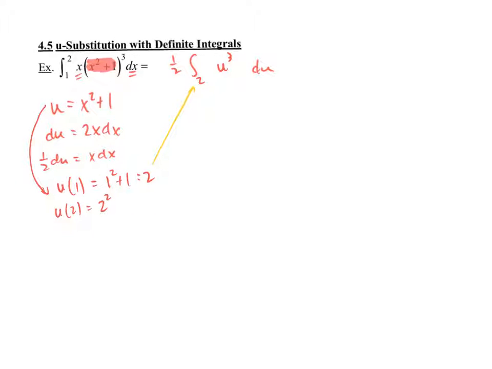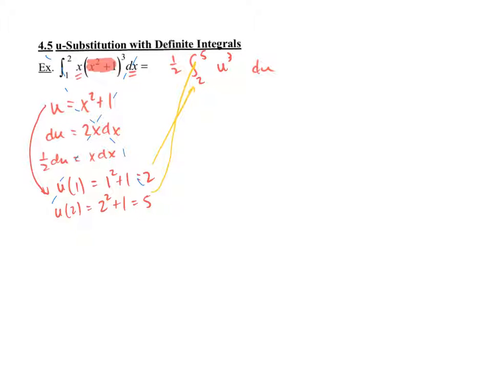I'm going to plug that in for my x, and 2 squared plus 1 is going to give me 5. That is going to be the new upper bound of this problem, which is 5. Now that I have switched these bounds to be in terms of u, I am completely done with x. I do not want to do anything more with the variable x, so all of this stuff right here is pretty much irrelevant now.